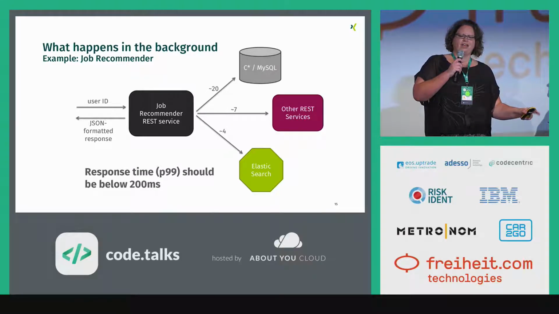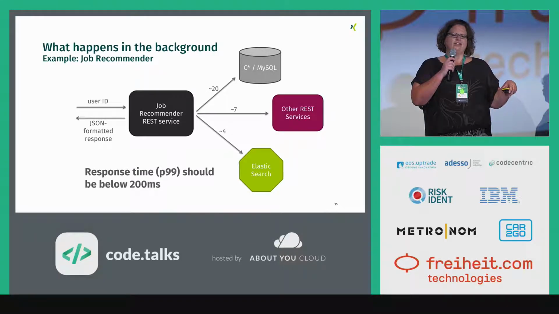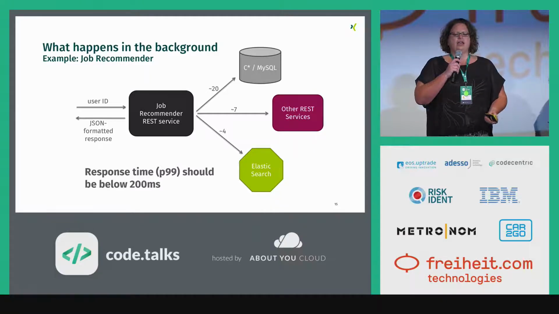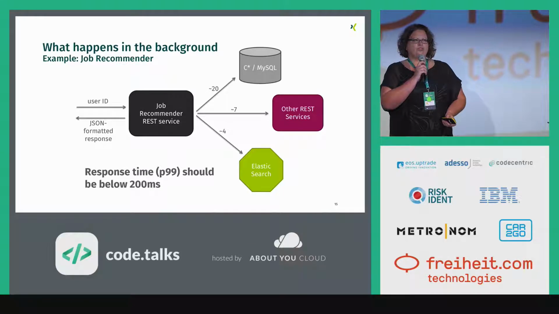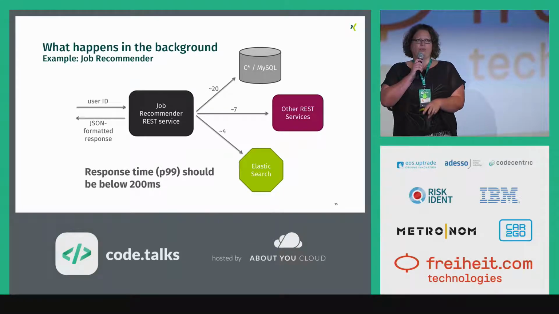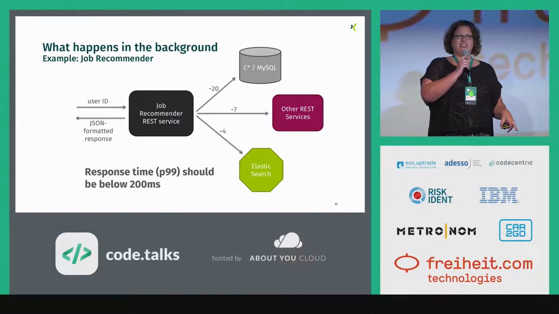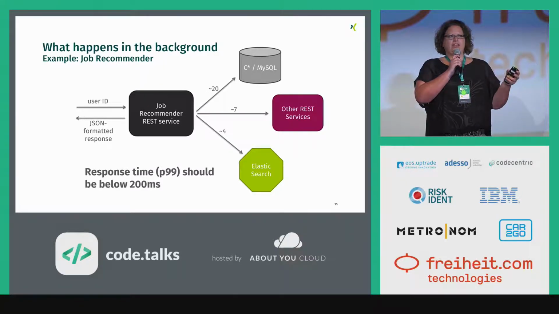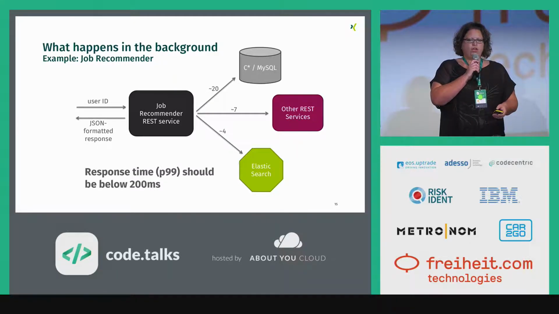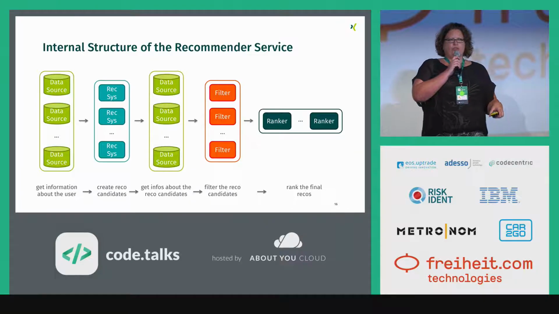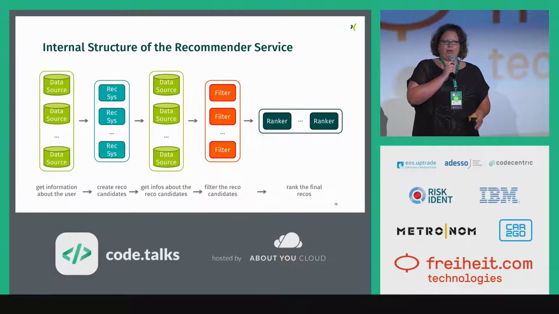Currently we issue about 20 queries to databases, we call other REST services, and we also issue 4 Elasticsearch queries. If we did all that sequentially, it would take several seconds, but we have the goal that the response time in at least 99% of the cases is below 200 milliseconds. So what we do is try to do as much as possible in parallel.